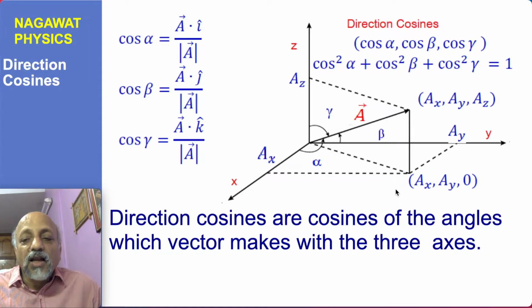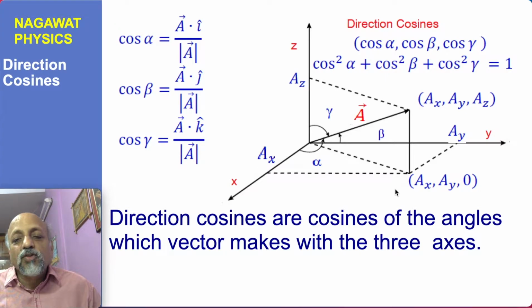Earlier we discussed that x equal to 0 was a line called the y-axis, and y equal to 0 was a line called the x-axis. But in 3 dimensions, z equal to 0 represents the xy plane, similarly y equal to 0 represents the xz plane, and x equal to 0 represents the yz plane.